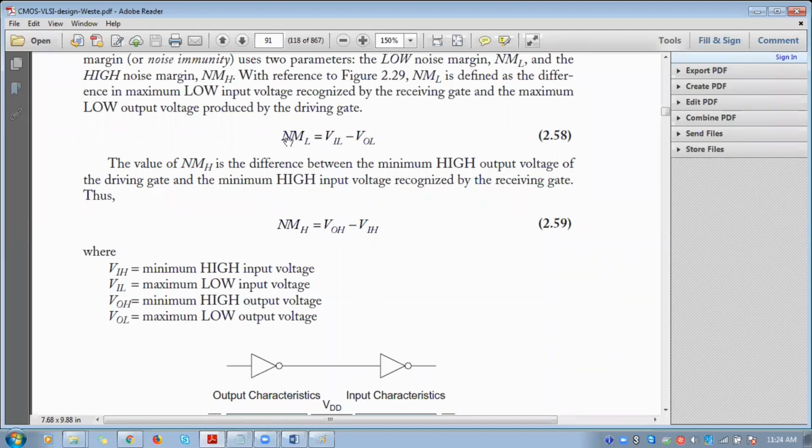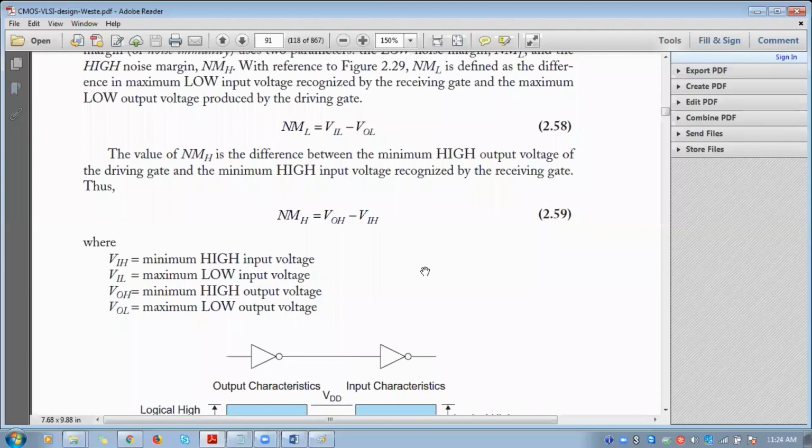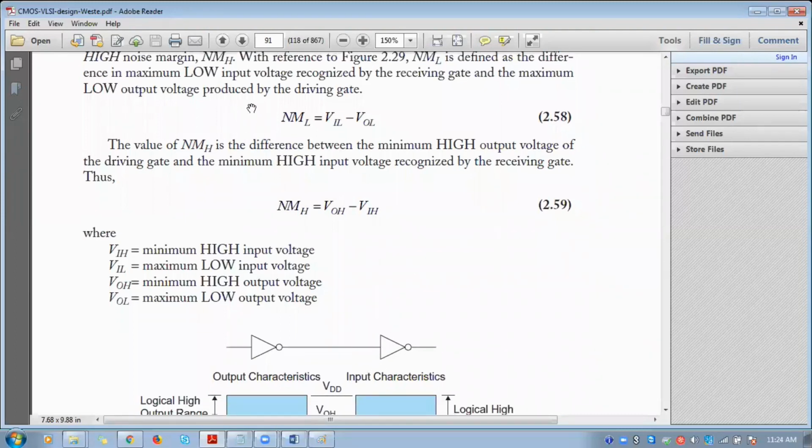To calculate low noise margin, we consider the low input voltage to the receiver minus the low output voltage from the sender. For calculating high noise margin, we consider the high output voltage of the sender minus the high input voltage to the receiver. These are the equations for calculating low noise margin as well as high noise margin.